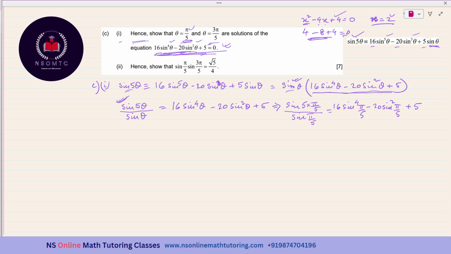Okay, and so this part is equal to this part. So if I can show that this part is equal to 0, then I can say that definitely theta equal to pi over 5 is a solution of this equation.